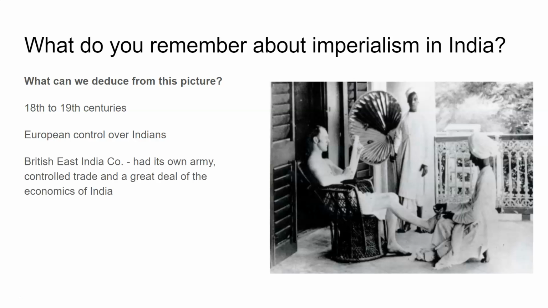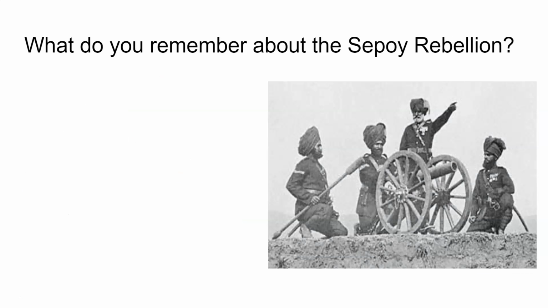First, it started with the British East India Company, which controlled the trade and the economics of India. The British East India Company was a trading company. It had its own army, and it hired Indians as soldiers. Great Britain eventually controlled all of the Indian government and economics.